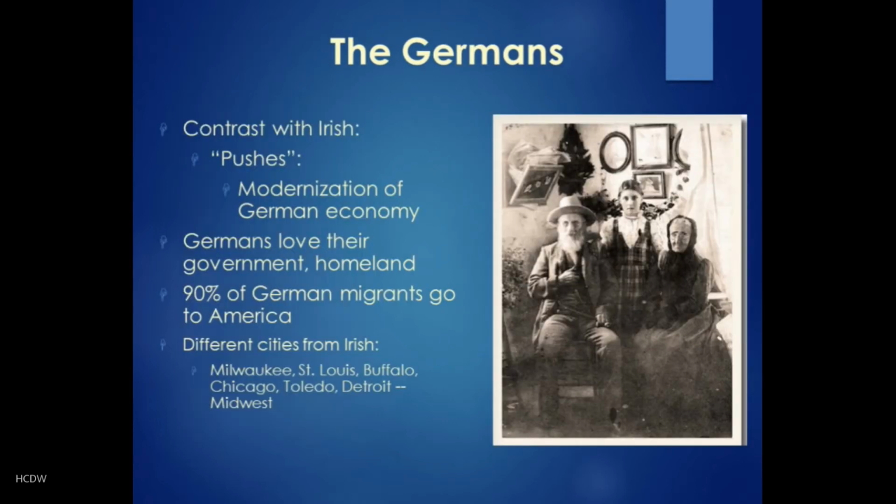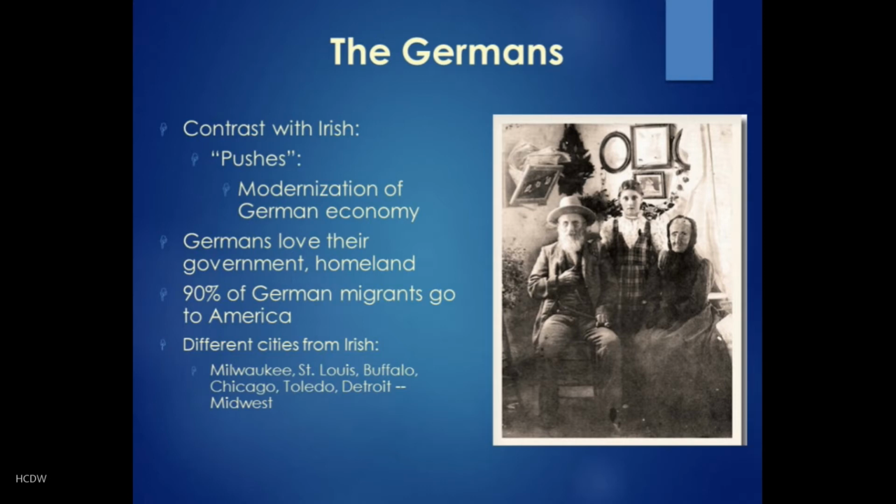And unlike the Irish, who were fleeing starvation and essentially natural disaster, Germans more often were displaced by a growing and modernizing economy. This is not unlike what we talked about previously going on in the United States. As the economy became more modernized and mechanized, growing numbers of people found their jobs just displaced by machinery and the efficiencies of a more modern economy.